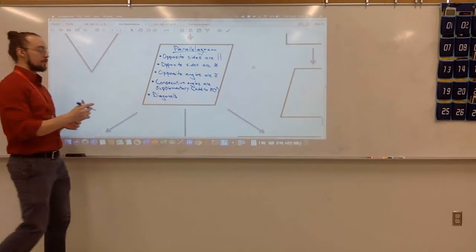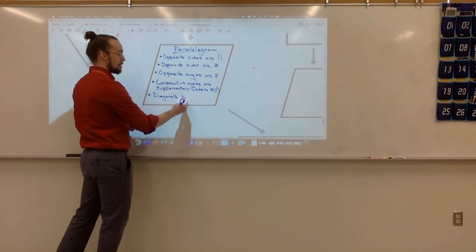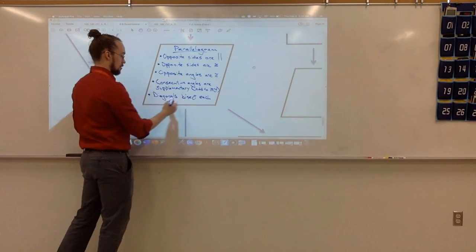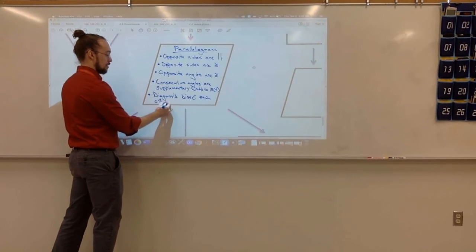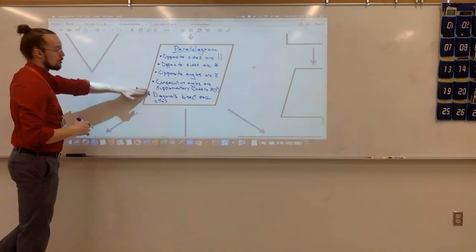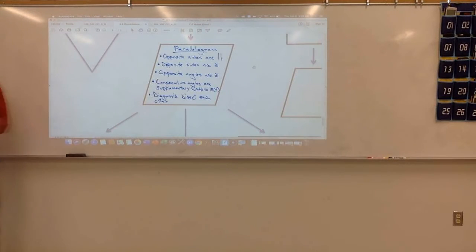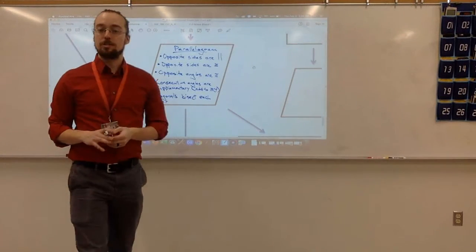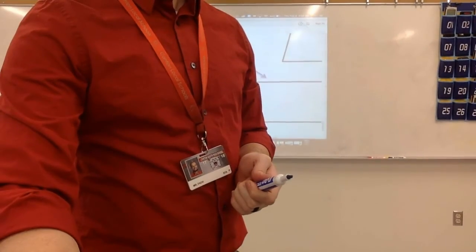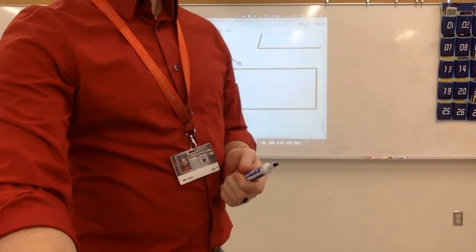So the diagonals bisect each other, which means to cut each other in half. So these are the properties that are true of any parallelogram. So what we just mentioned then, the way this chart works, anything that's below that will share those properties.